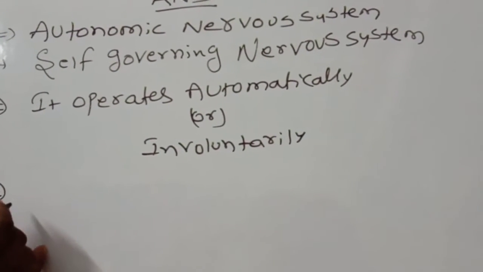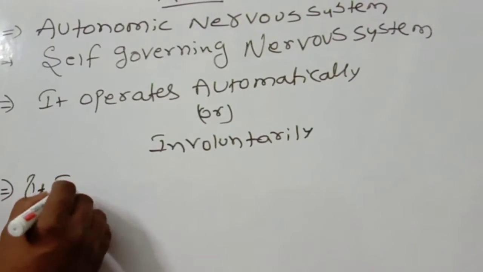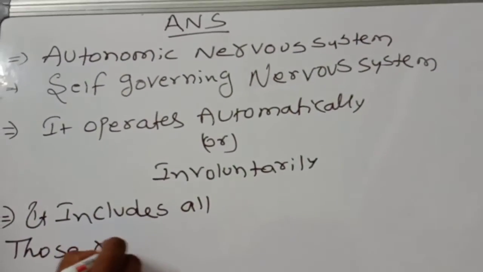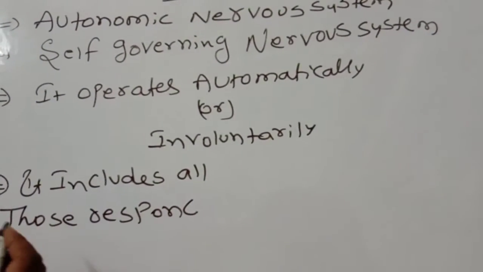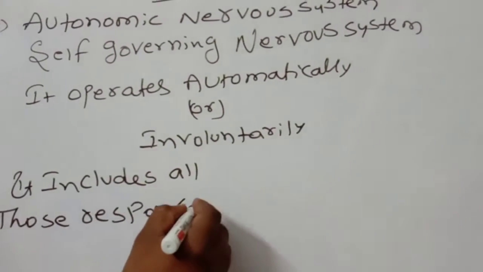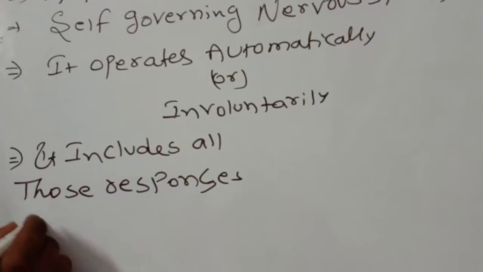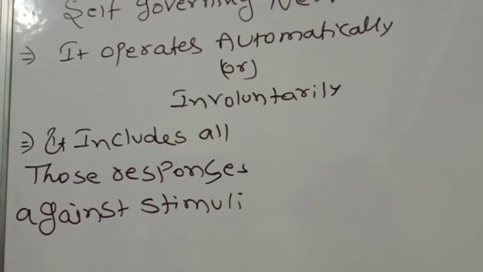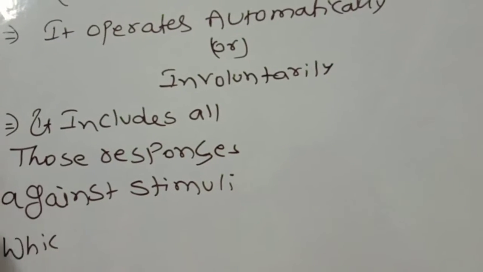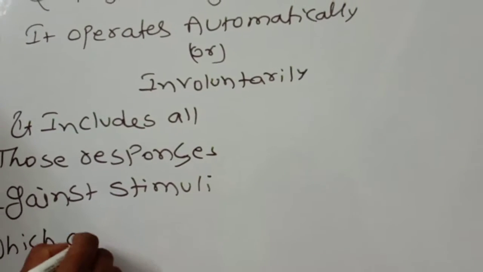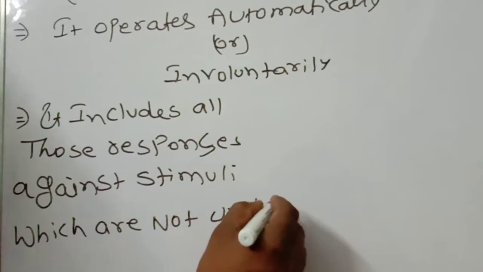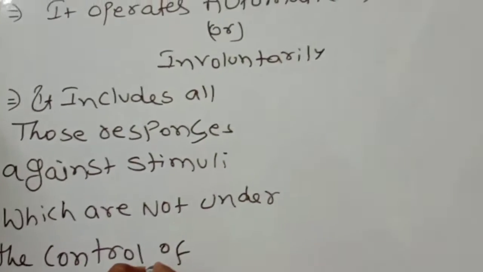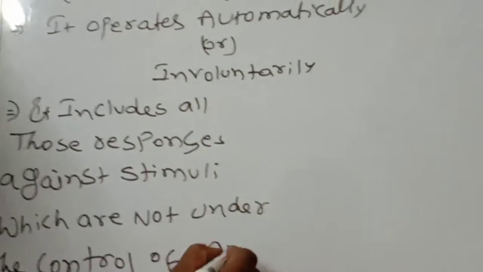It includes what? It includes all those responses against stimuli which are not under the control of the animal.